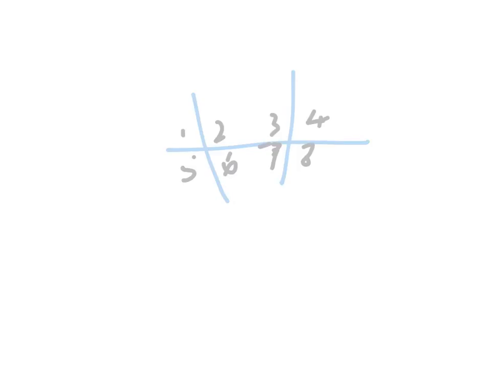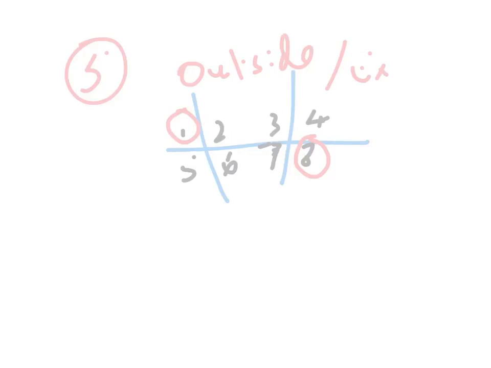Question number 5 asks what is the relationship between angle 1 and angle 8. At first look, there doesn't seem to be any connection at all, but the easiest connection is that they are both on the outside, which in this case is exterior, and they are opposite each other. So they are alternate, and your actual answer is alternate exterior.